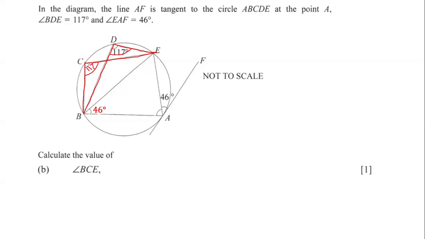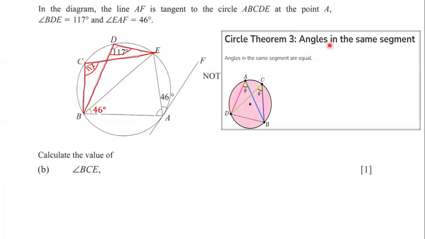These two angles that are in the same segment are equal. The angles in the same segment rule, or the bow tie rule, says that angles in the same segment are equal. So if this is theta, this must also be theta. And so if this is 117, this must also be 117. And so the answer here is 117 degrees.